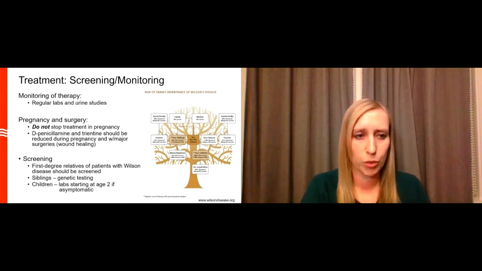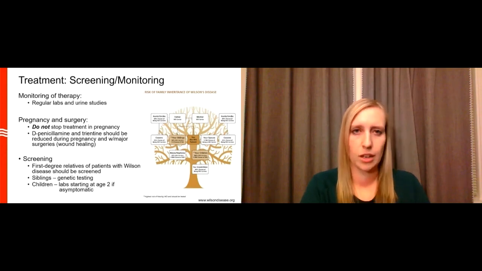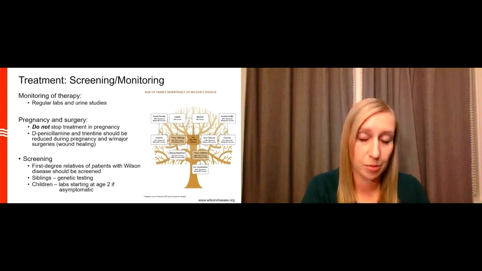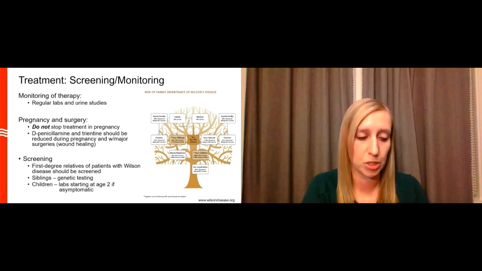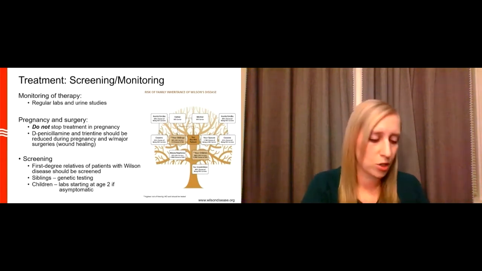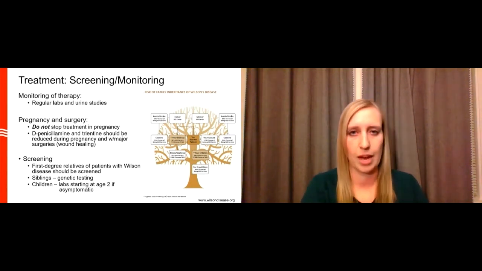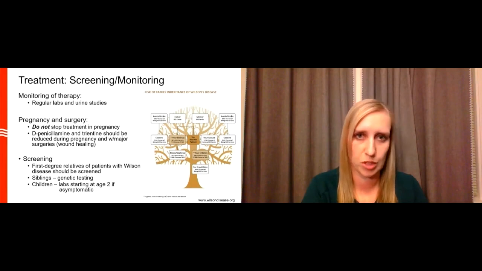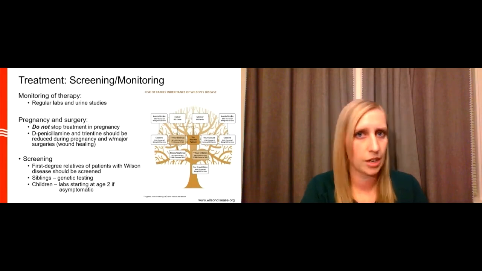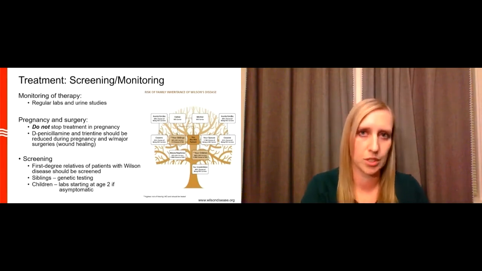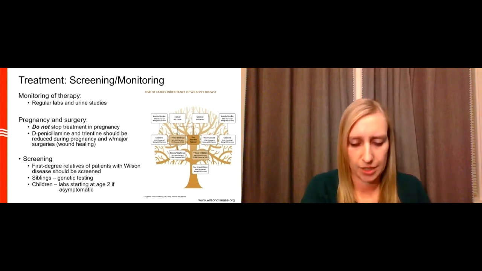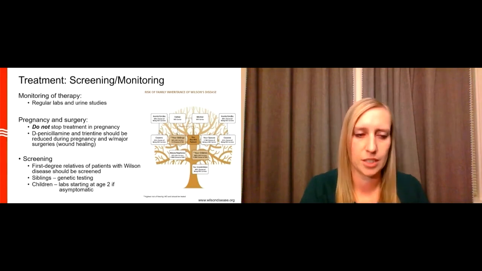And then finally, screening is important as well. We know that first degree relatives of patients with Wilson disease really should be screened. Genetically, the chances of a sibling having Wilson disease is about 25%, while the chances of a child of someone with Wilson disease having it is about 0.5%. So they should be tested, and it depends on what testing is available.